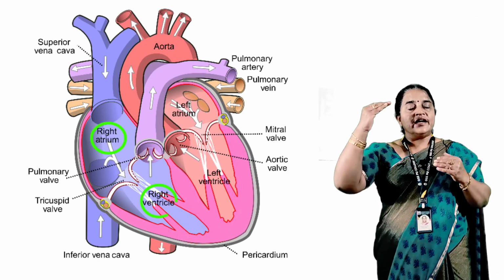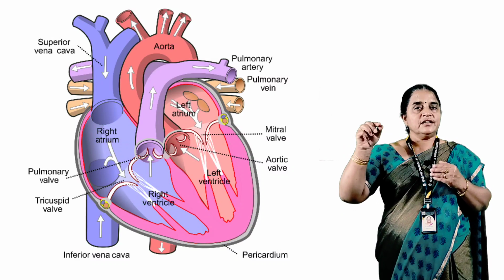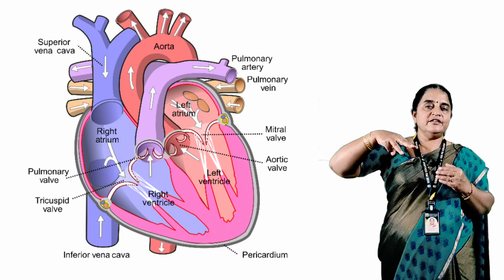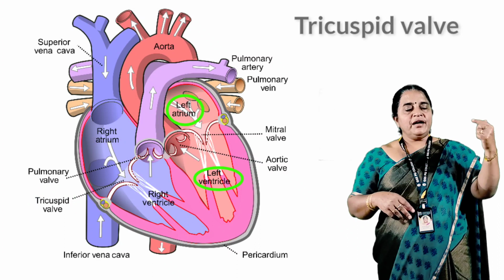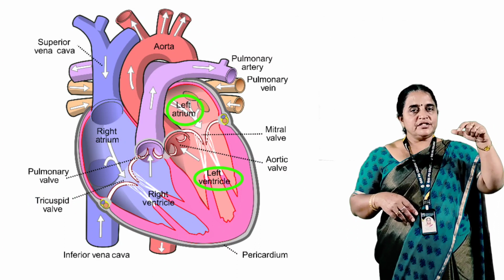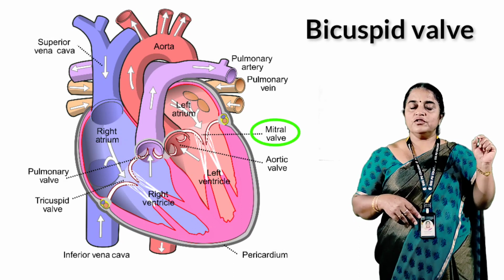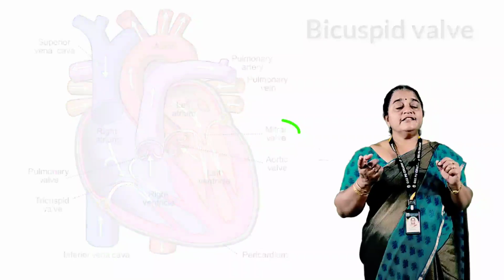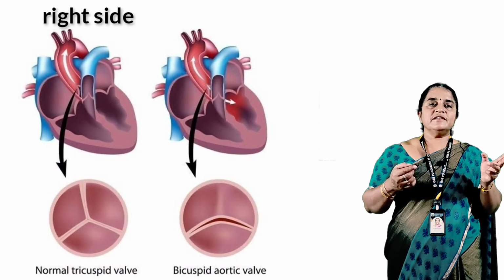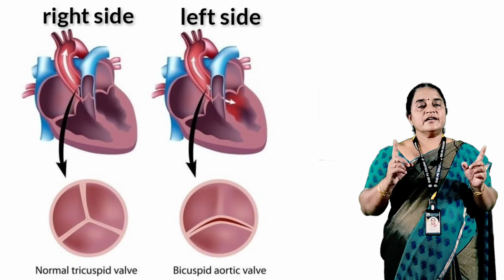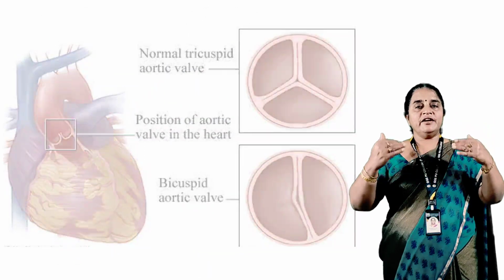Now, between the right atrium and right ventricle, the aperture is guarded by three flaps, known as the tricuspid valve. Between the left atrium and left ventricle, there is an aperture guarded by two flaps, the bicuspid valve, also known as the mitral valve. So the tricuspid valve is present on the right side and the bicuspid valve on the left side, guarding the right and left cardiac apertures between atria and ventricles.